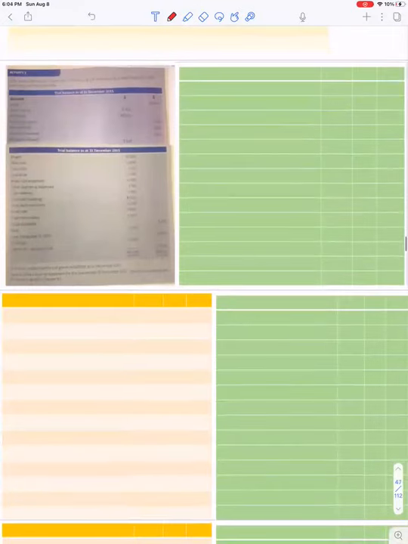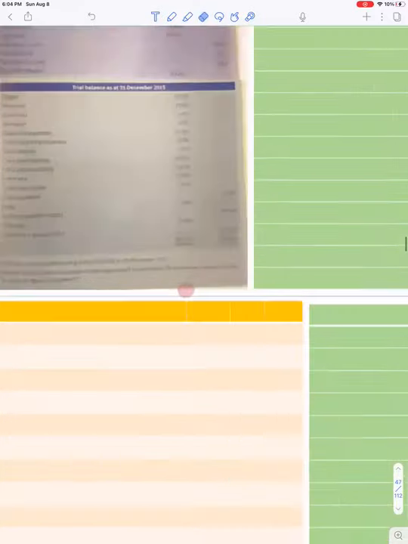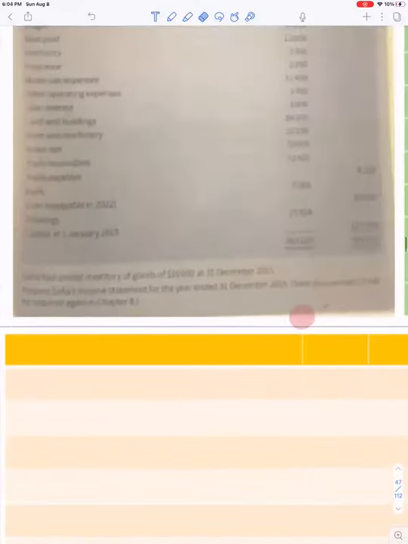This is activity 3 of your textbook, which has adjustments as well. Adjustment you will find always at the end of the trial balance. And here there is an adjustment in respect of closing inventory, wherein they are saying the closing inventory, unsold inventory at 31st December 2015, that is the last day, is $10,000.